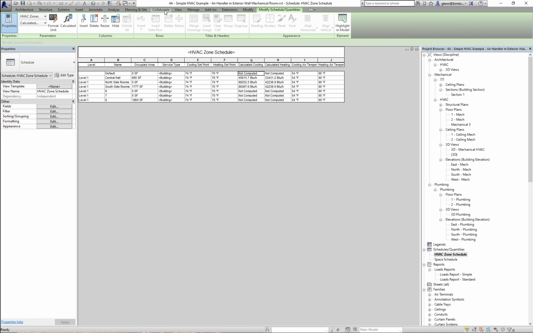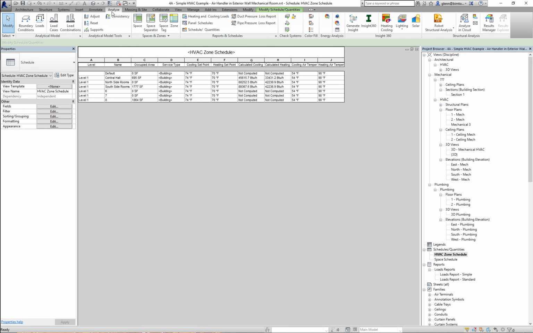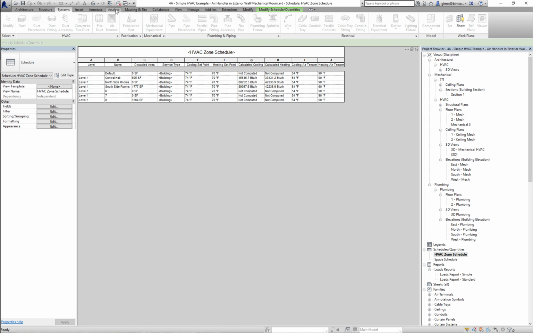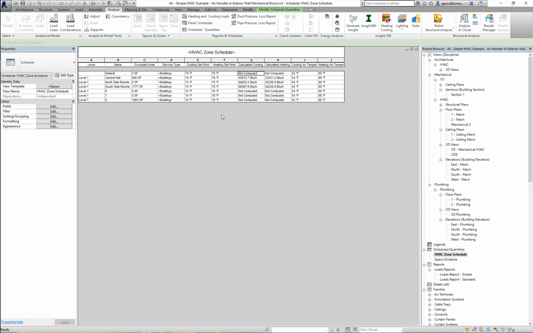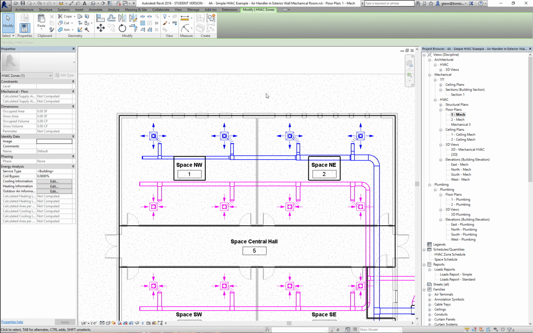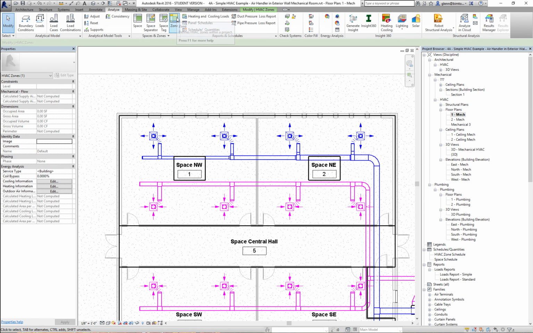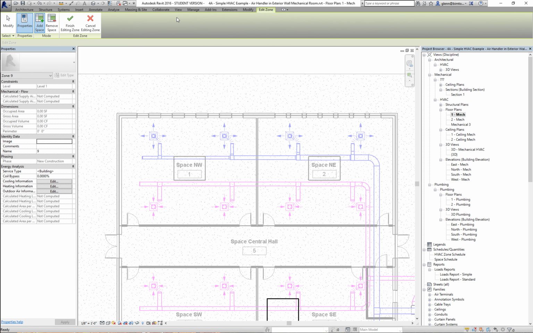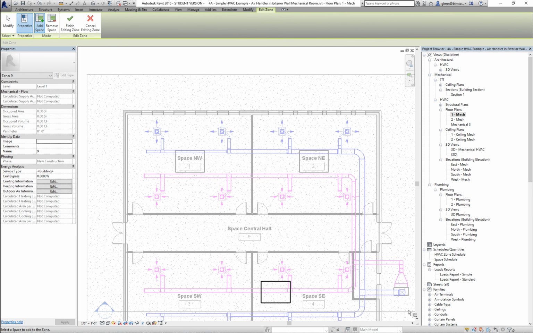Go back to my zones again. If I were a zone and I wanted to, let's get out of this view. Rid of that. That's basically a new zone right now. Cancel editing the zone.